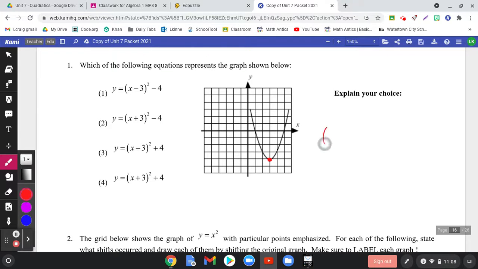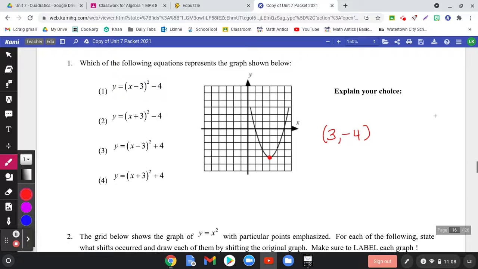That's the point 3, -4. So if I was writing it in vertex form, remember the x value in your point goes in the parentheses with x, just switch its sign. So it's x minus 3 squared, and then that -4 goes out here. So it looks like it's going to be choice 1.